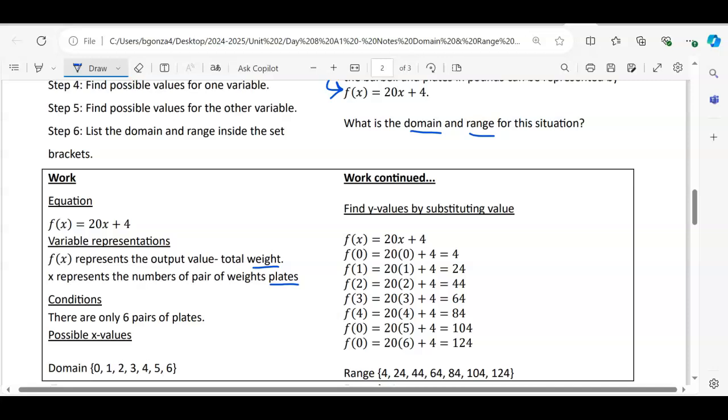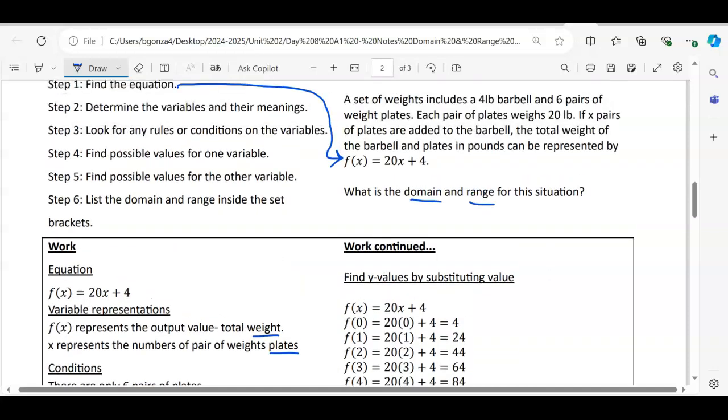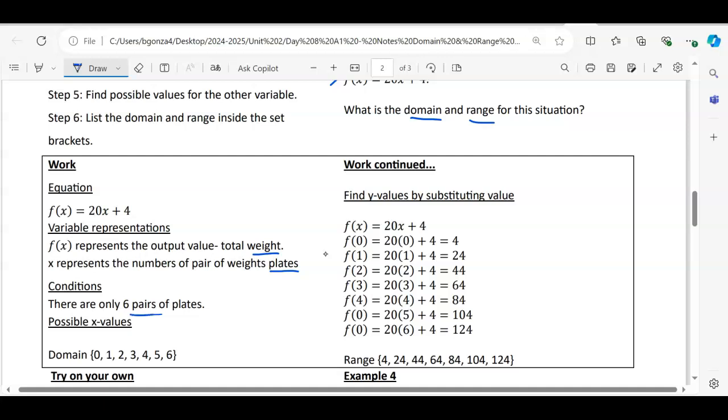Okay, so the conditions. Do you notice how he said he only had 6 pairs of weight plates? That means he does not have 7 or more. 6 is the maximum he can use. So that's our condition. So what does that mean for plates? He can put none of them on or up to 6 of them on. So do you see how his domain is 0 plates, 1, 2, 3, 4, 5, 6 plates?